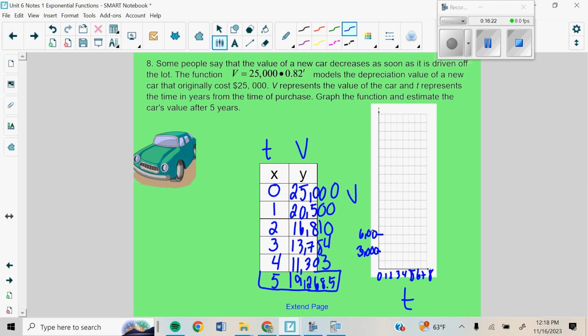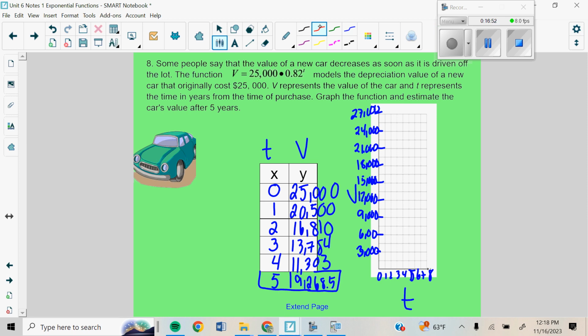So every 2 lines is going to be worth $3,000. If you want to go up like that, every 2 lines is $3,000. We should end up with like 27,000, 21, 24, and 27,000. Okay. So if you need more time to finish writing those, pause the video.